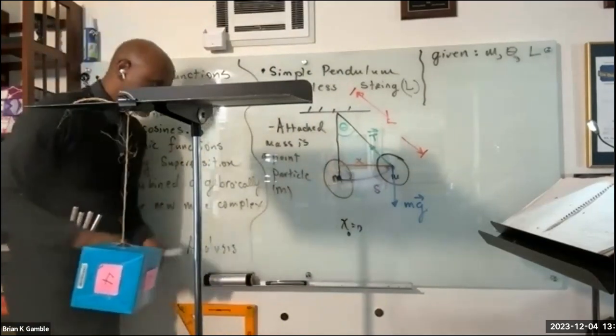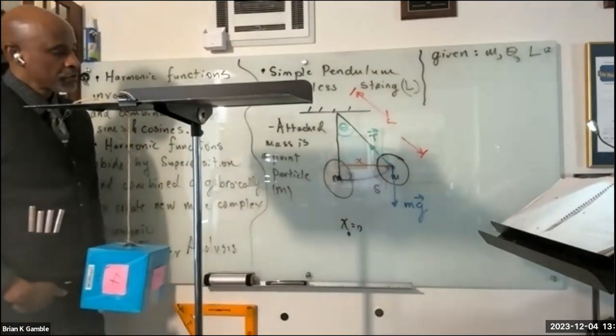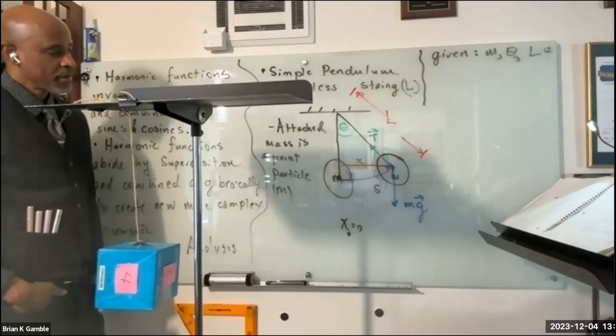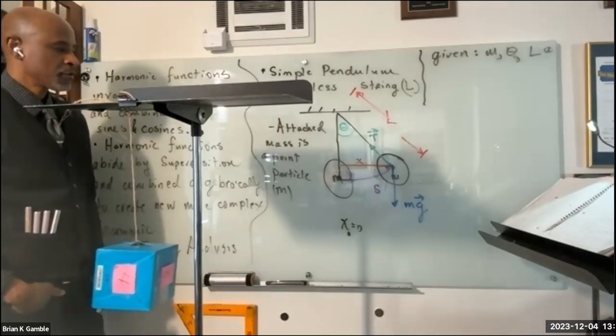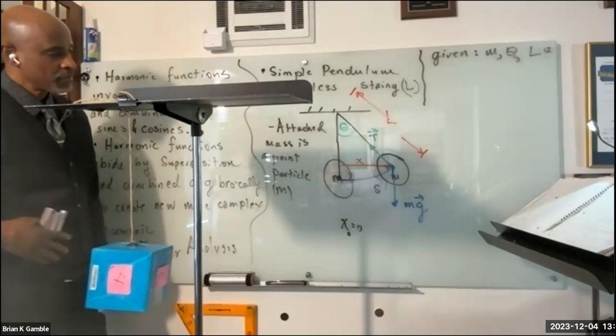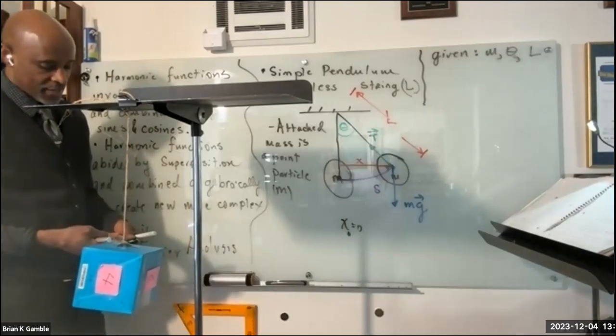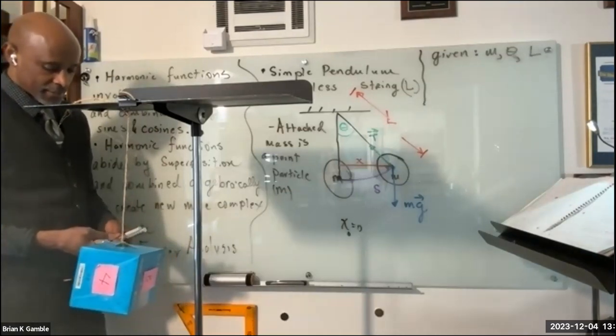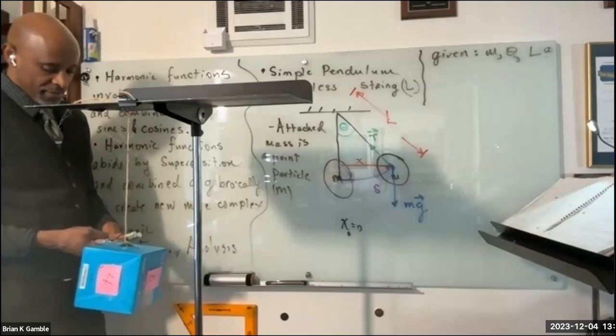Now, you know that the motion is always going to be parallel, tangent to the path. So the acceleration of the system, what direction is that? Well, the velocity would be tangent to the path.